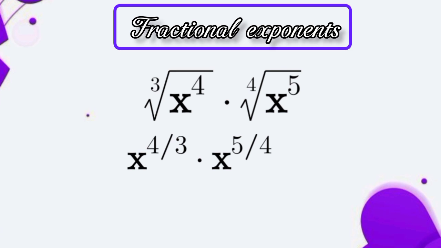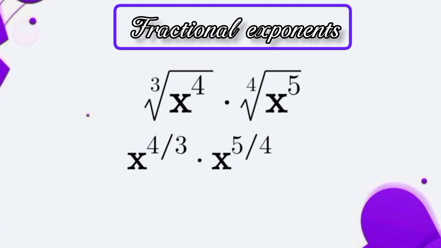Now, in order to solve this question, we are going to use a particular law of indices. And it goes like this: x raised to the power of 2, for example, multiplied by x raised to the power of 4 is equal to x raised to the power of 6. It's simply saying when you have the same base, you can add the exponents, and in this case, 4 and 2 are the exponents. So back to our question, our exponents here are 4 over 3 and 5 over 4.